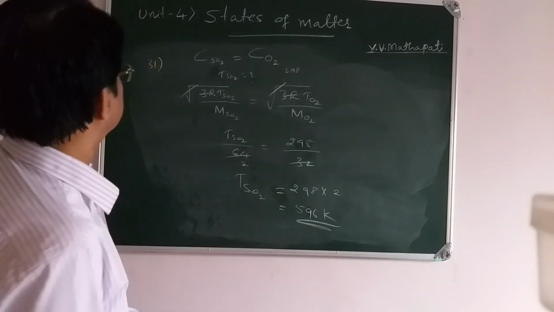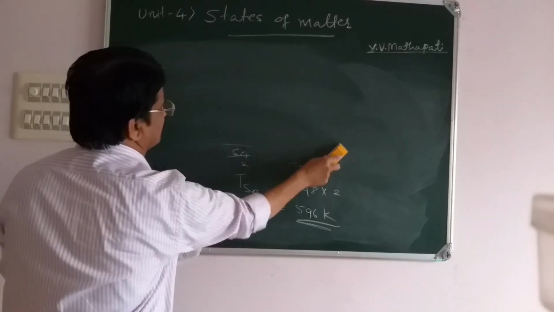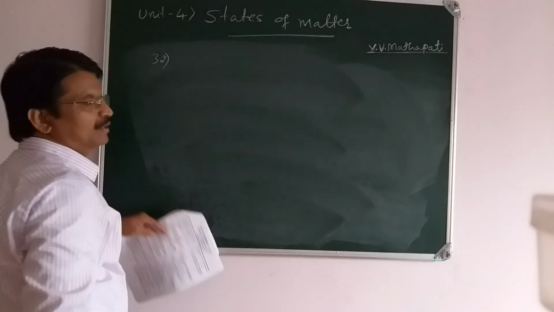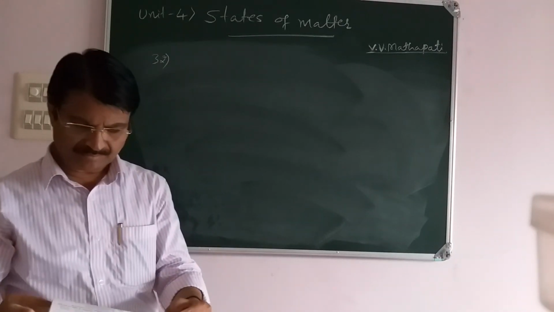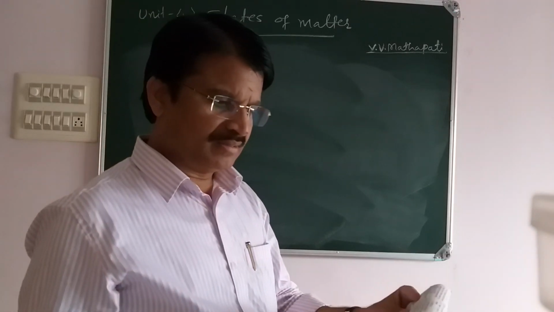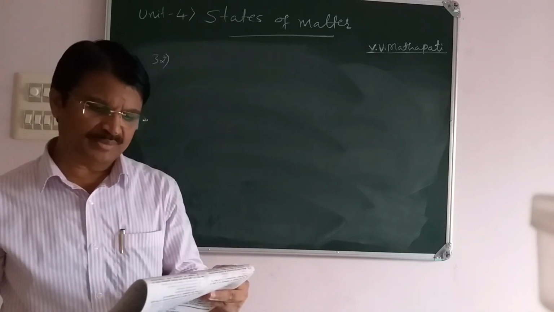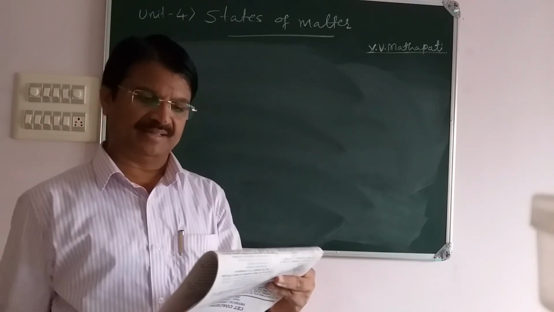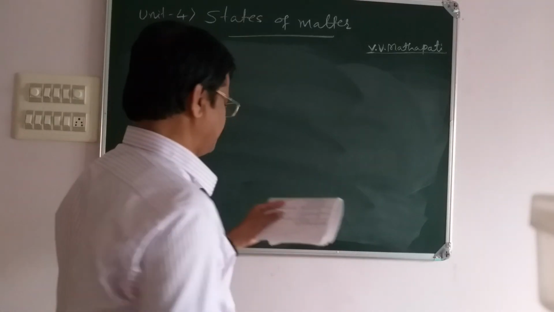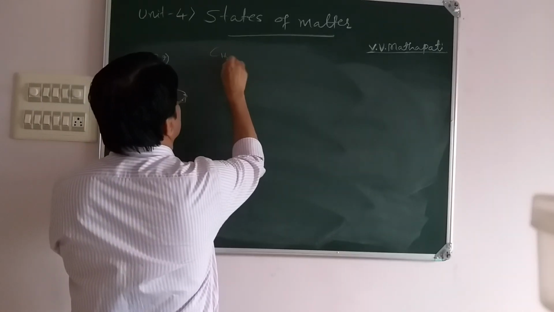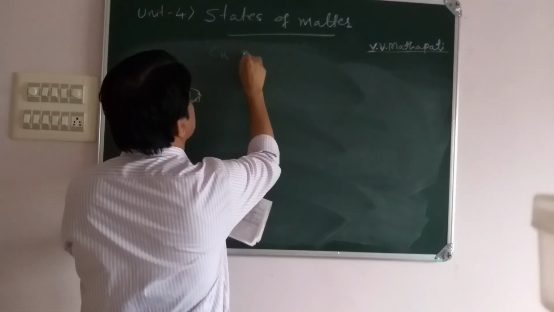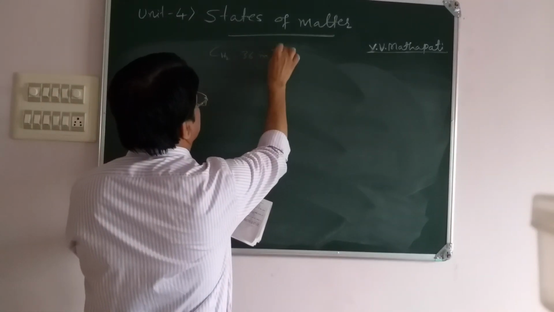Question number 32. The RMSV of hydrogen at 400 K is 36 meter per second. What is the value at 900 K? One RMSV is given, another is not given, that you have to find out. C of H2 given, 36 meter per second.